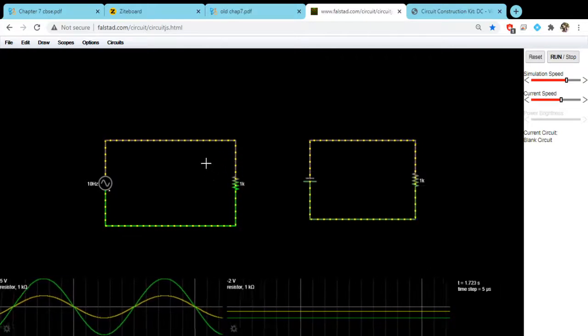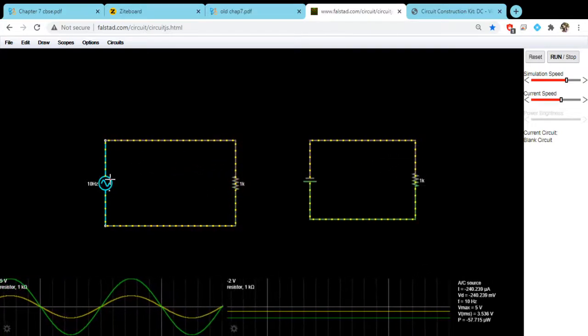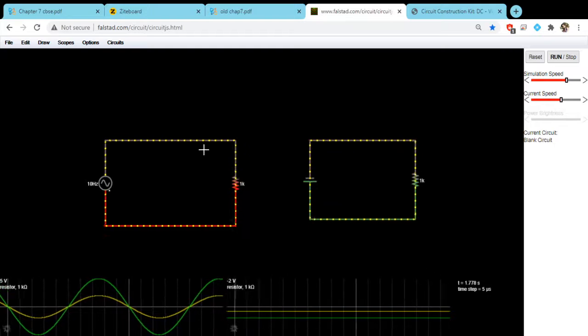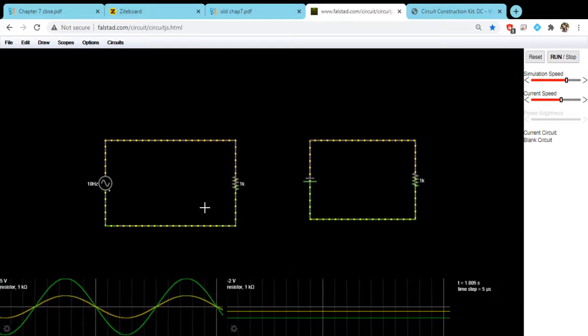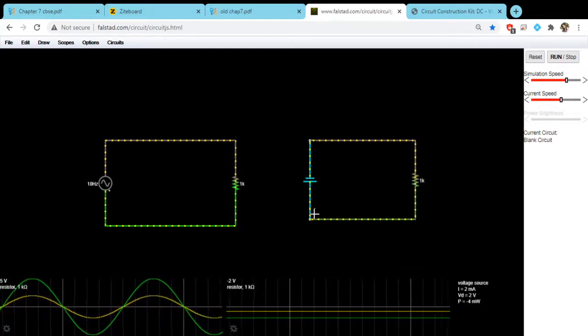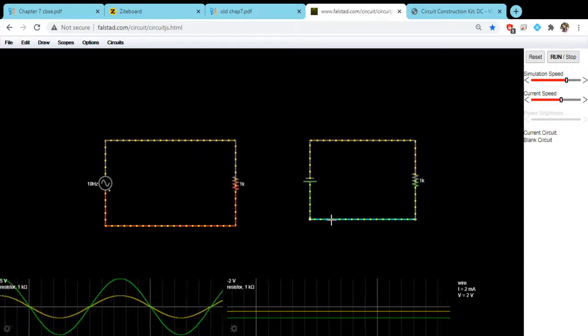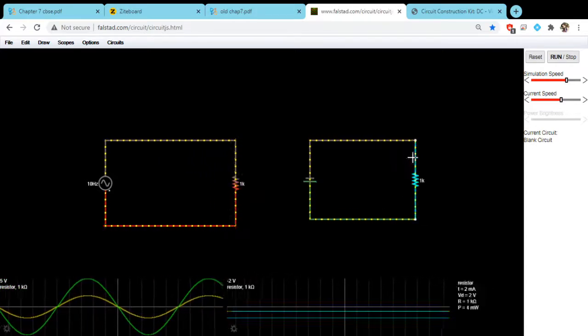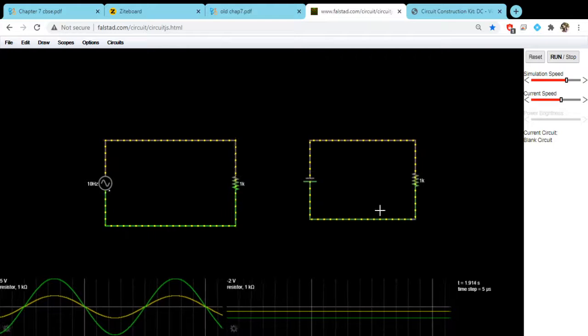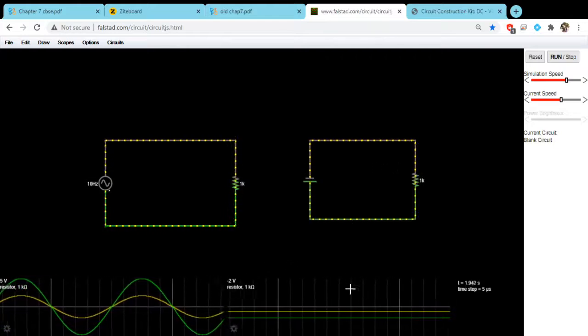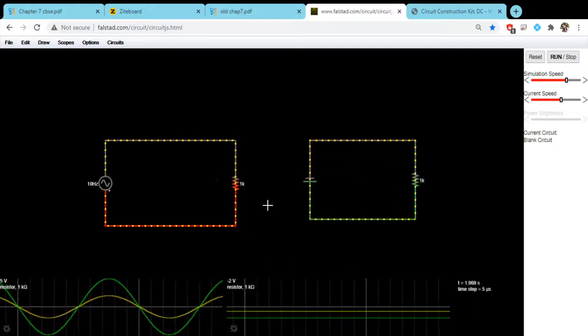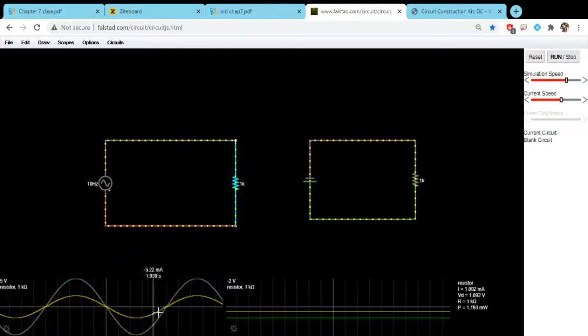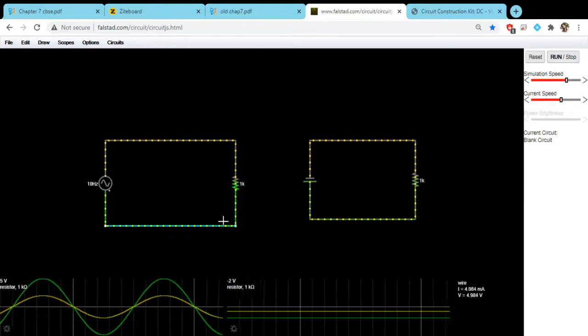It will become maximum, then zero, then again maximum in reverse polarity, then again zero. While it is different in the DC. In the DC, it is straight in one direction, it does not change polarity. So the graph will be constant for the DC and sinusoidal for the AC.